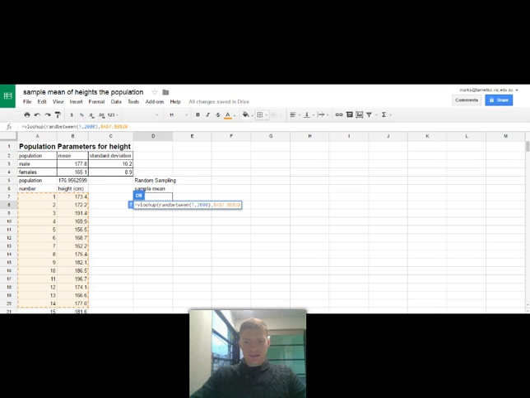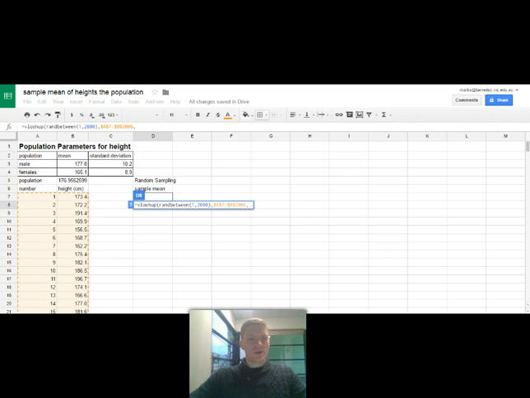Now the last part we need to do in our formula is to reference which column we want to get the results from. From our range, A7 down to B2006, that covers the whole range of our population of number and height.